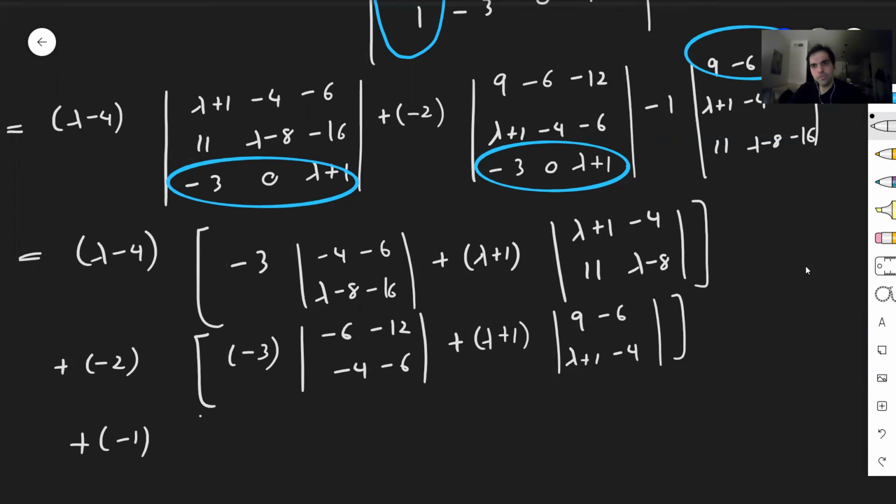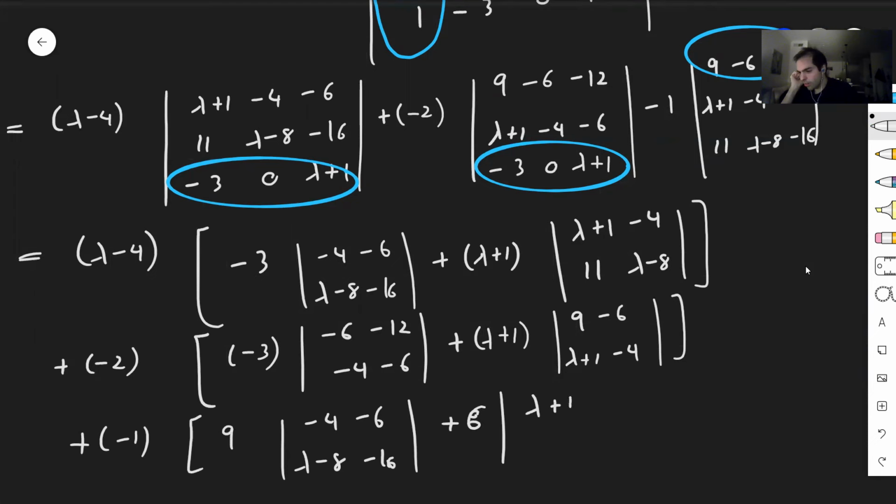So plus -1 times 9, and then determinant of -4, -6, lambda minus 8, -16. And then 9 minus -6, so plus 6. And then lambda plus 1, -6, 11, -16. And then minus 12. And then we get lambda plus 1, -4, 11, lambda minus 8.